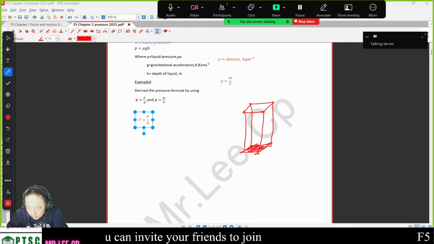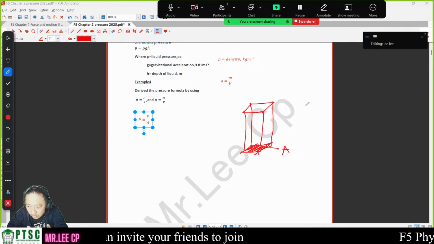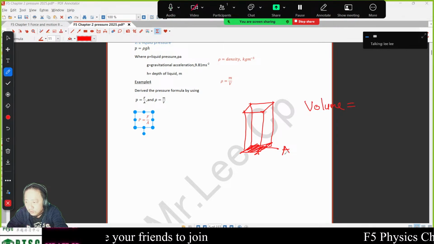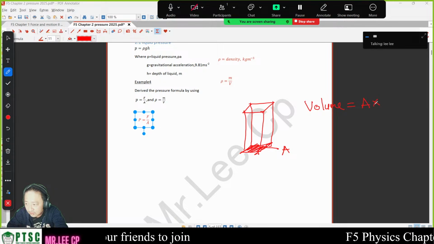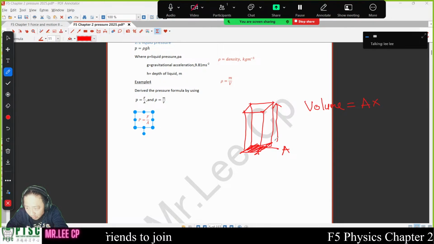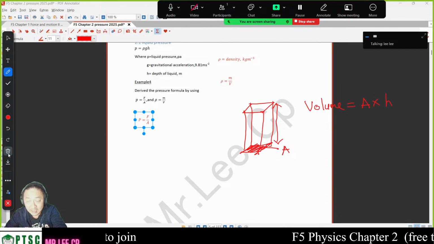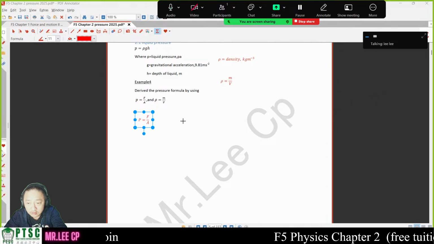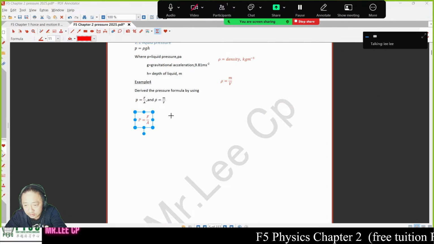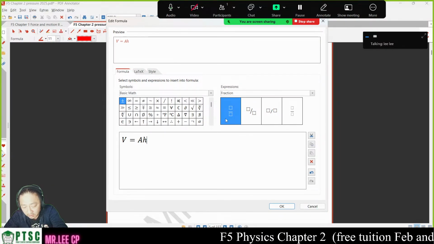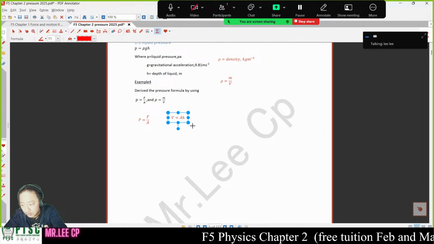Area is here. What is volume? Volume is area times how high it is, volume is A times H.